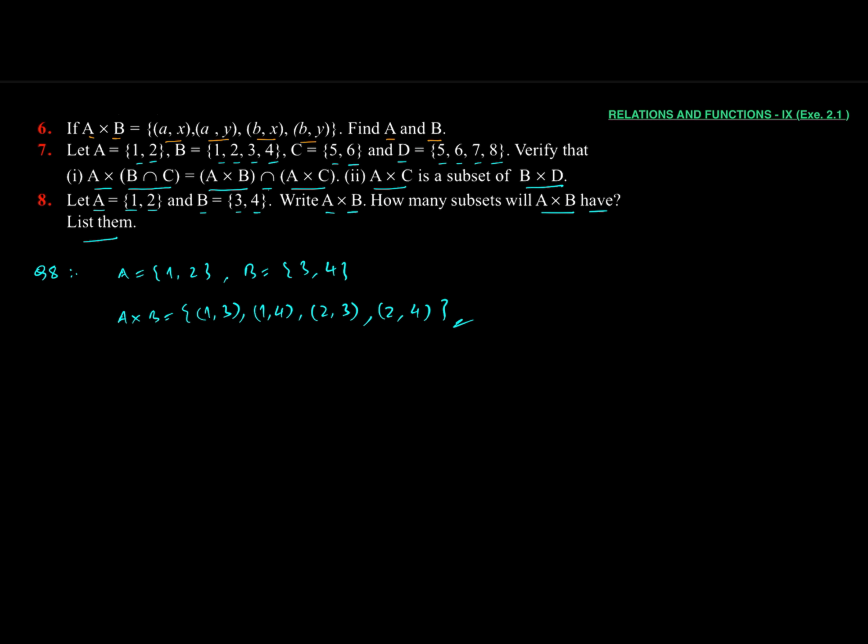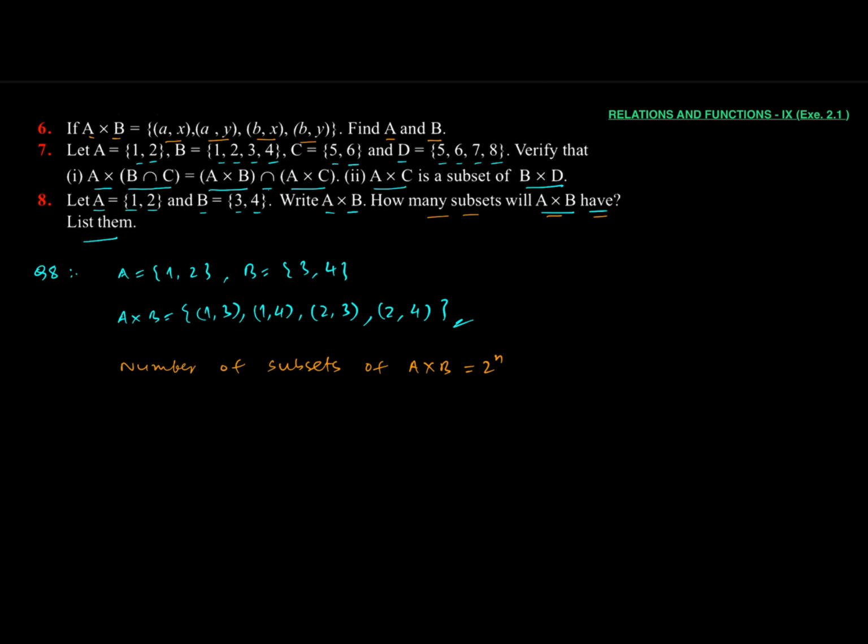So this is our first answer. The second part of the question is how many subsets will A cross B have? So for the second part, the number of subsets of A cross B is equal to 2 powered n.